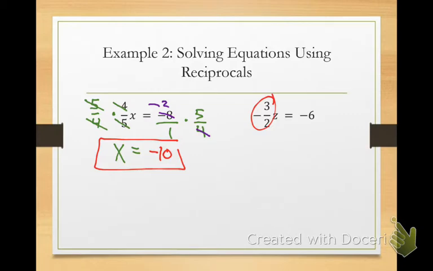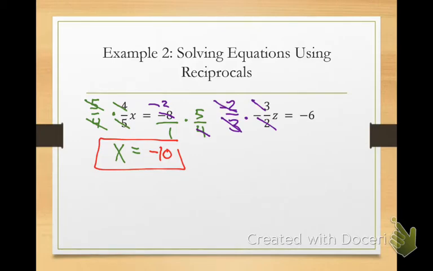What would be the reciprocal, Hadley? Negative 2/3. So all I do is I multiply. And again, guys, if it's negative, I have to keep the negative with the number. So everything cancels out exactly, and I take the negative to the other side.